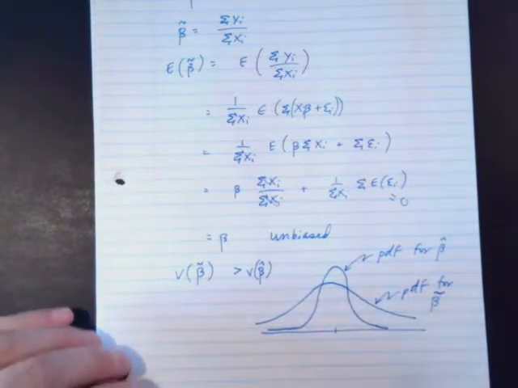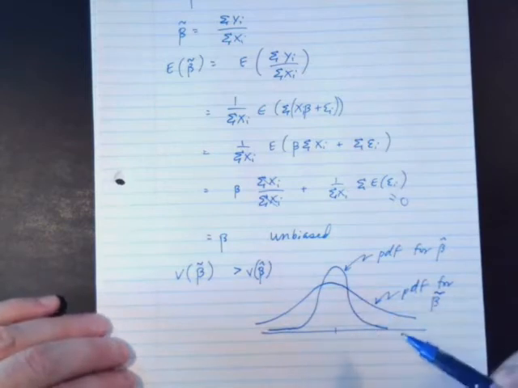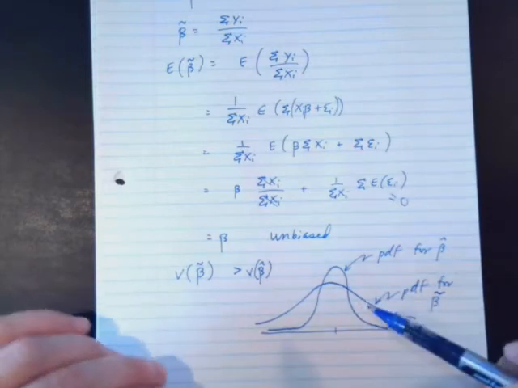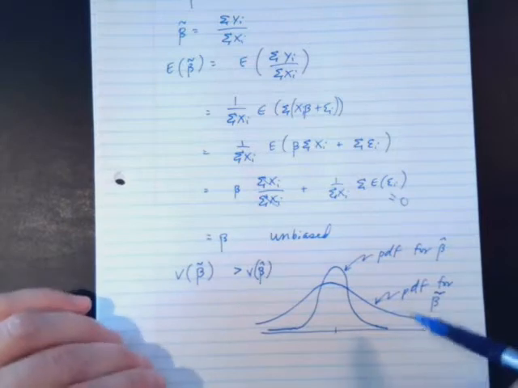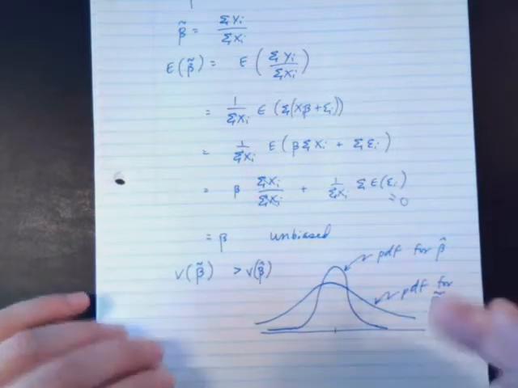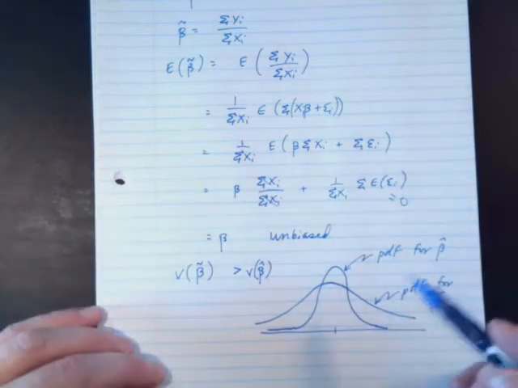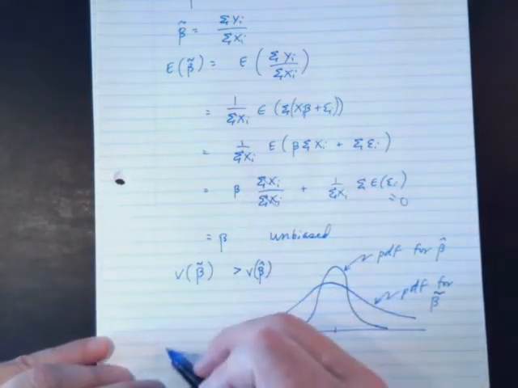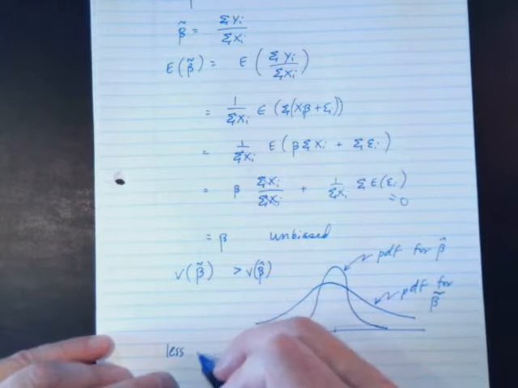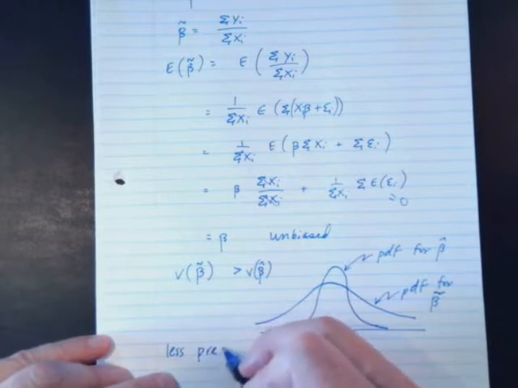So the distribution is more spread out, and that means that we'll be less confident of our estimate. The variance is larger, the confidence intervals will be wider. It's got less precision.